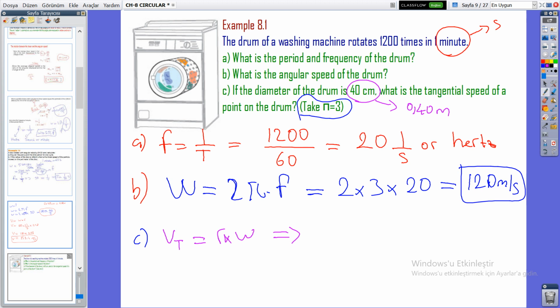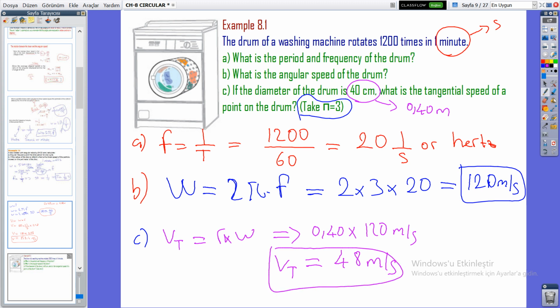R equals 0.40 multiplied by the angular speed 120 per second equals 48 meters per second tangential speed.